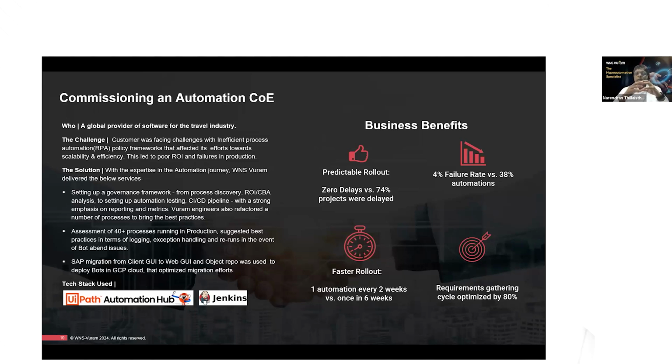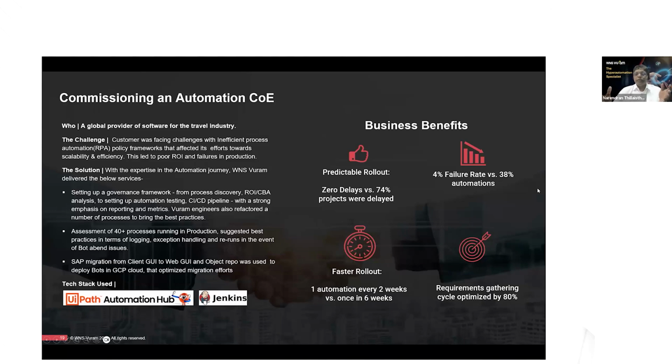Without any of them, teams do get empowered sometimes. What happens as a result is a little bit of a cowboy culture comes into play. Suddenly everybody starts developing, and there's no standardization, no review, no methodology in place. Consequently, for this customer, there were about 38% failures in production.